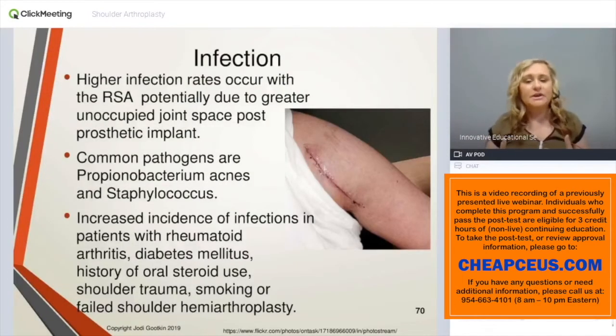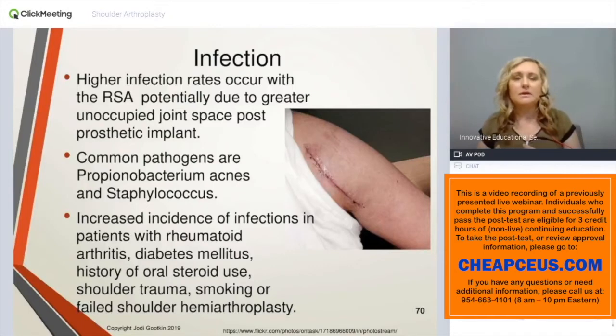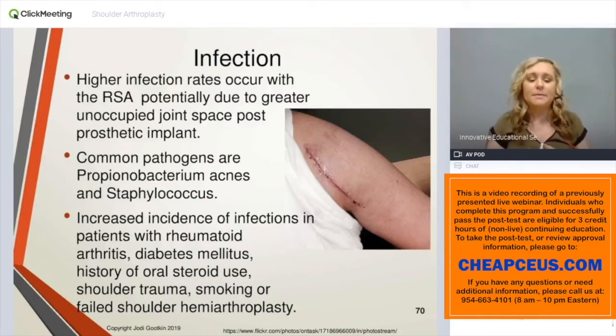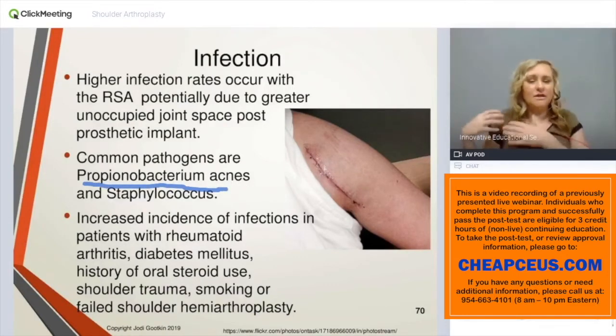Infection, we're always monitoring our patient's incisions. This patient has a very nice incision here, so that's our anterior incision on the shoulder, no concerns here of healing. What we're looking at when we're monitoring patients, and the concern where there may be a little increased risk of either superficial or deep infection, is because there's a specific bacteria, Propionibacterium, that is located on the skin.